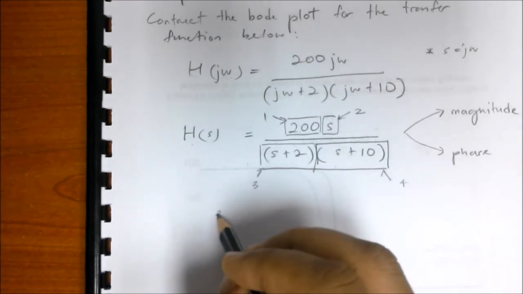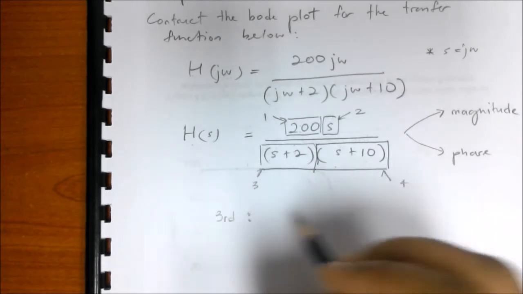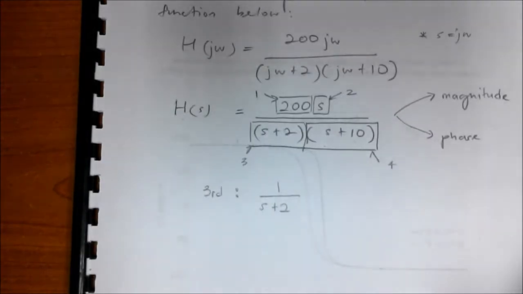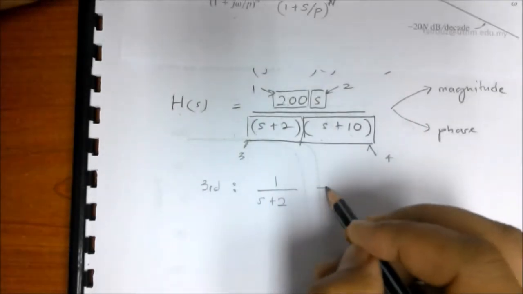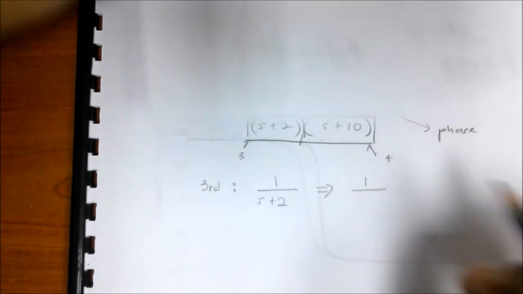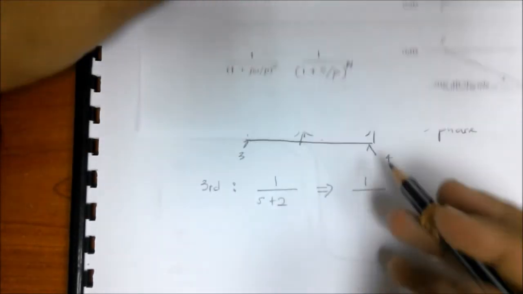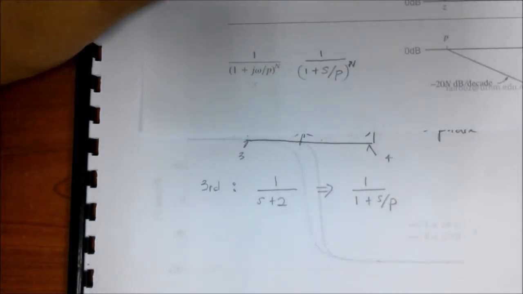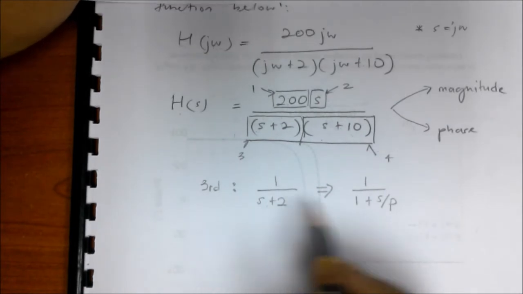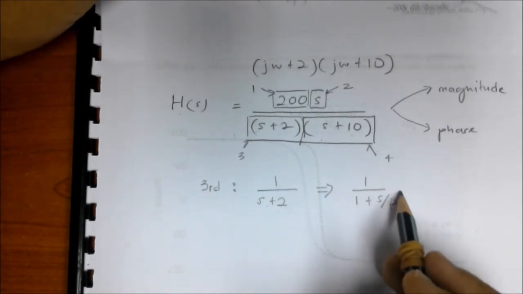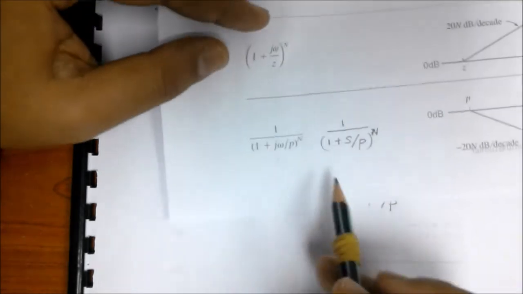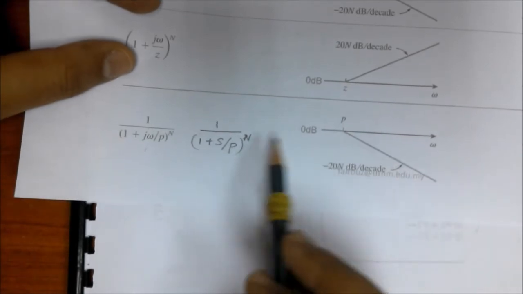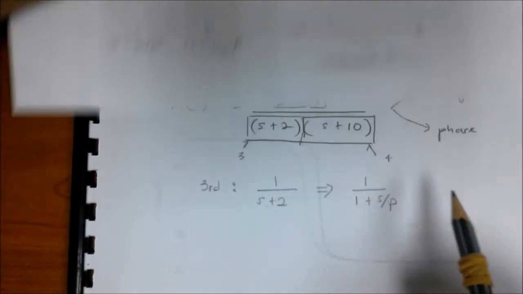The third factor is 1 over s plus 2, but what we need is 1 over 1 plus s over p. We need to change this form into this form, so that we can simply refer to the table for the shape of the magnitude plot.